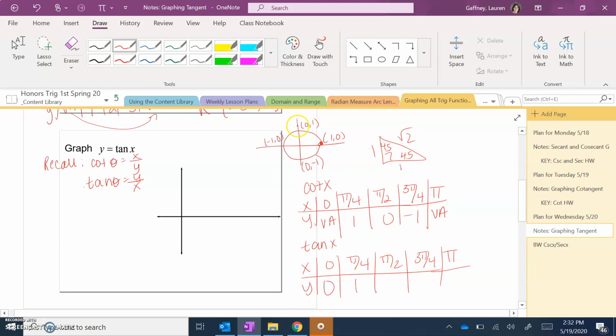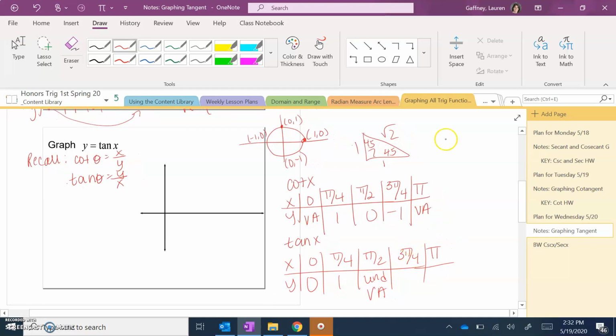And then when you go to pi over 2, y over x would have given you undefined. So that's where the VA is going to be for tan. If you would do 3 pi over 4, so it's still a 45-degree angle, so 1 over 1, but 3 pi over 4 is in quadrant 2, so it would be a -1. And then if you would get to pi and you would do y over x, you would have gotten 0 again.